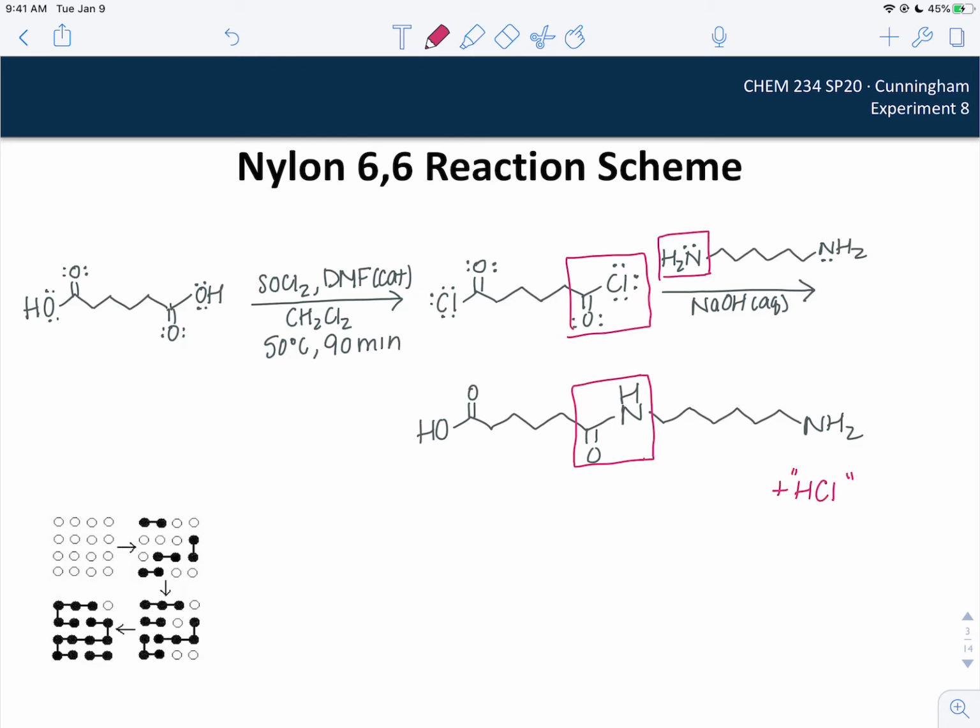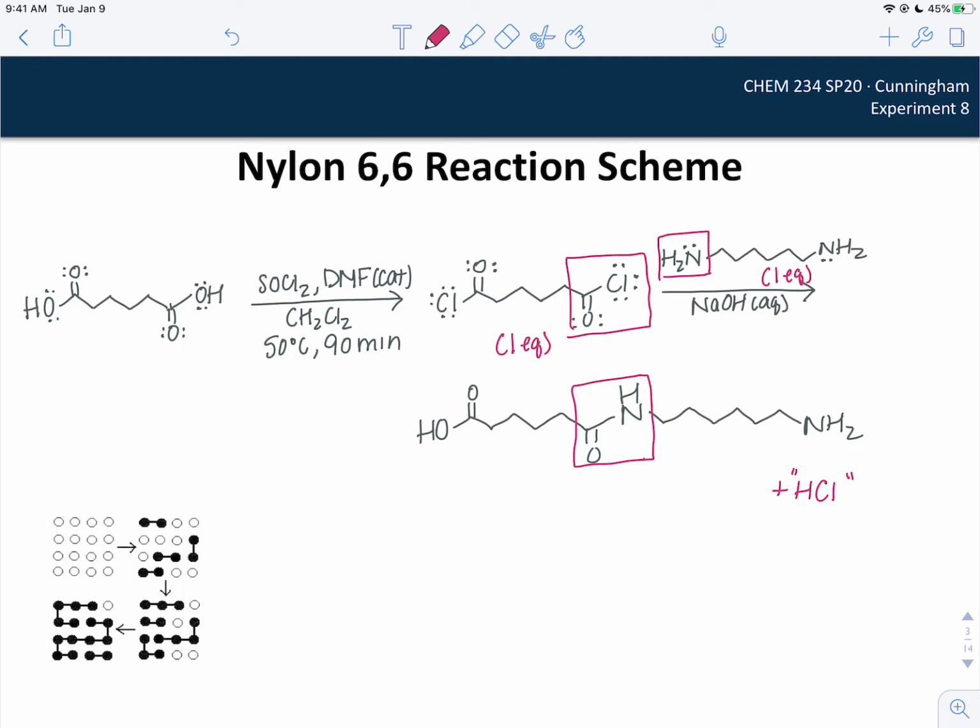There are a couple of things here that are important for us to note. We have one equivalent of each of these, so let's make sure we put that here. If we're showing just one step of this polymerization reaction, we'll assume just one equivalent of each of these, and that's going to give us our one amide bond.